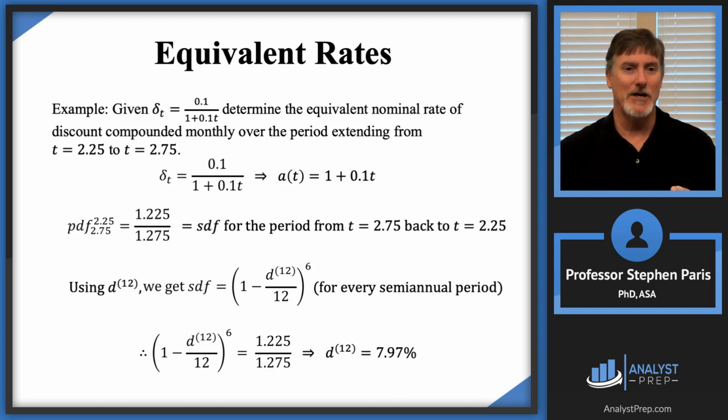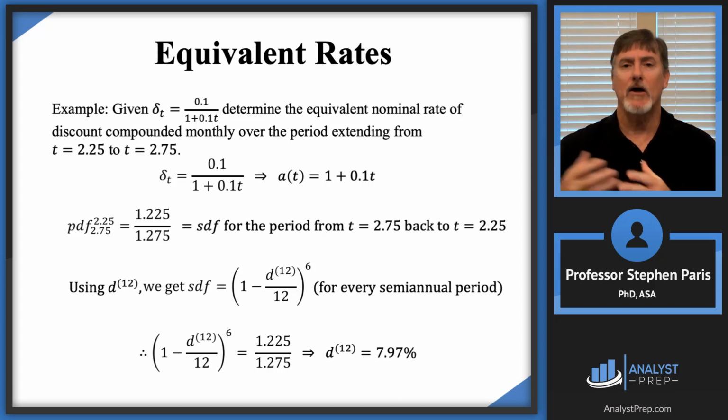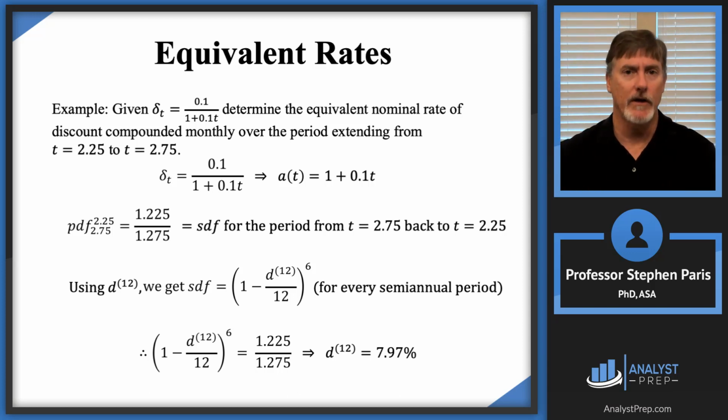I'm recognizing that this delta t is the same as the delta t for a 10% simple interest accumulation. So let's say that you have one bank that says, I'm going to give you a 10% simple interest rate over the time period from time 2.25 to time 2.75. And another bank says, I'm going to give you a 7.97% nominal rate of discount compounded monthly over that same time period. Where are you going to put your money?